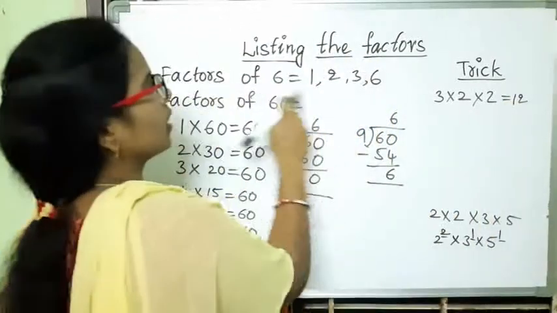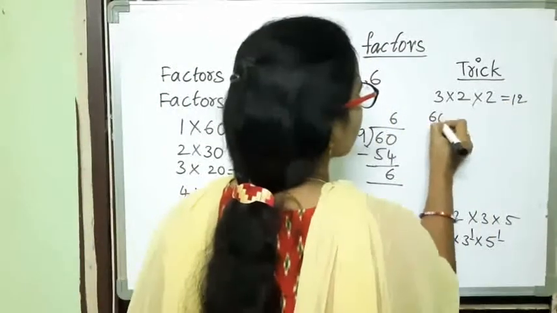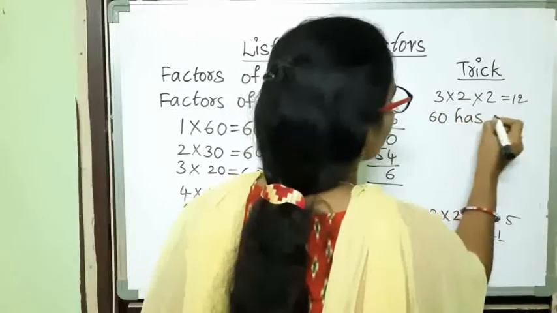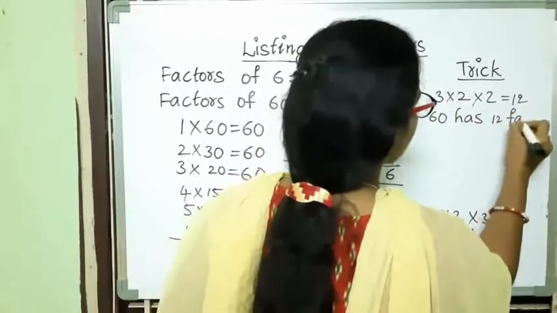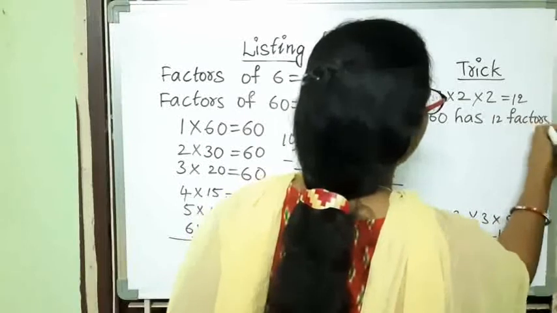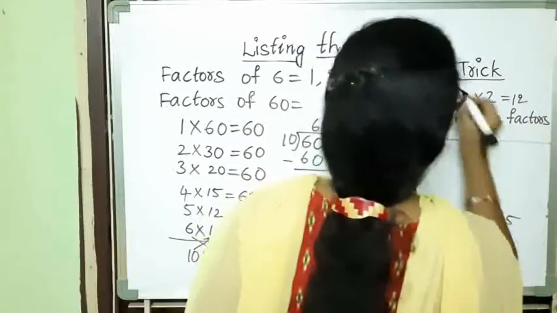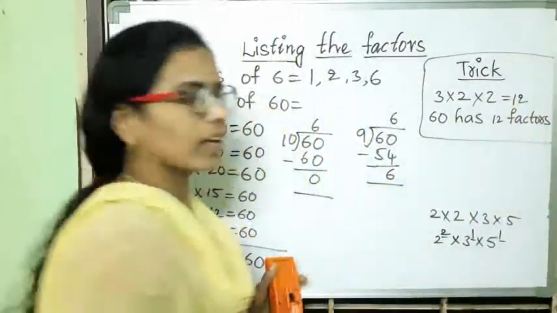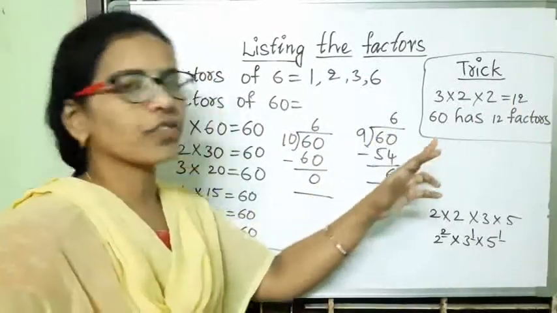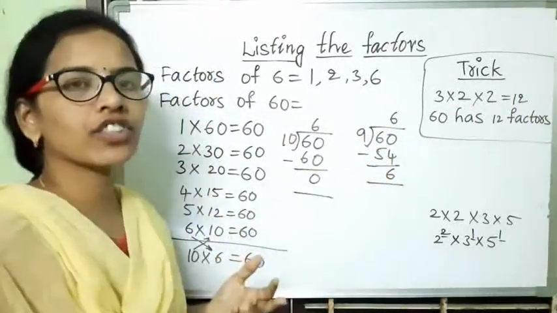That means number 60 has 12 factors. This is the trick. 60 has 12 factors. For every number we can check like this, children.